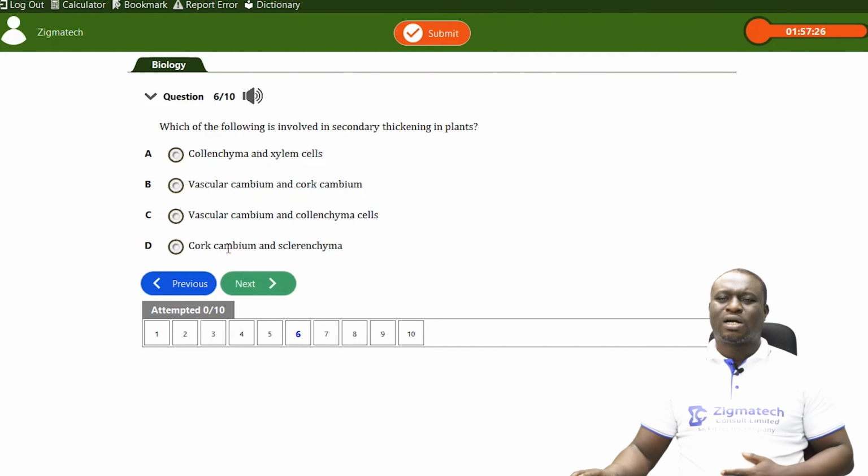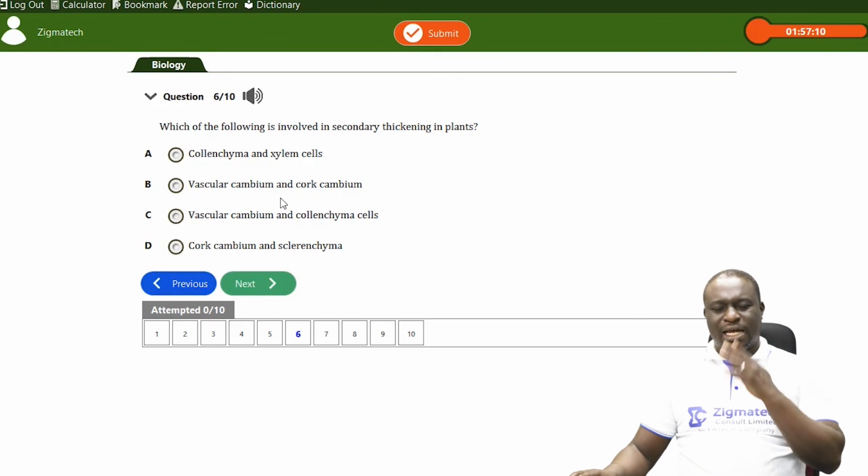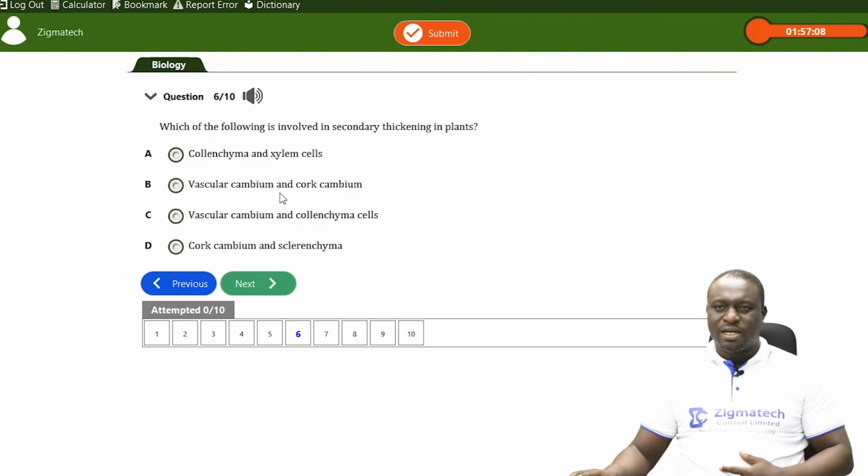Neither can it be cork cambium and Sclerenchyma tissue or cells, which is option D. Sclerenchyma has nothing to do with secondary thickening. Neither is the correct answer option A, which is Collenchyma and Xylem cells. No, the correct option here is the cambium, which is B, vascular cambium and cork cambium. They are responsible for secondary thickening in plants.